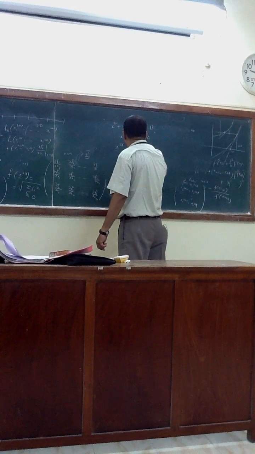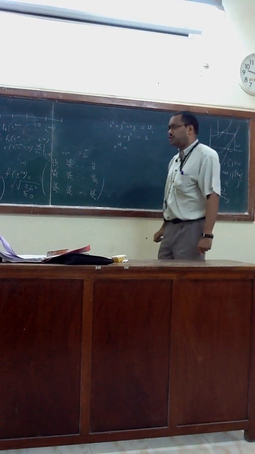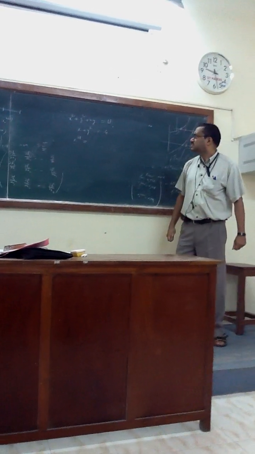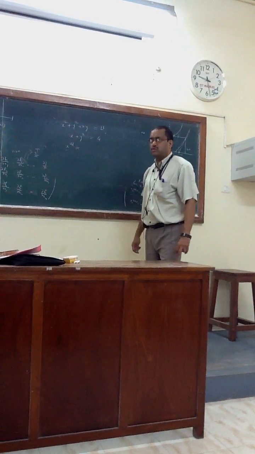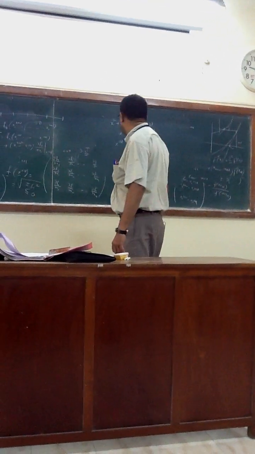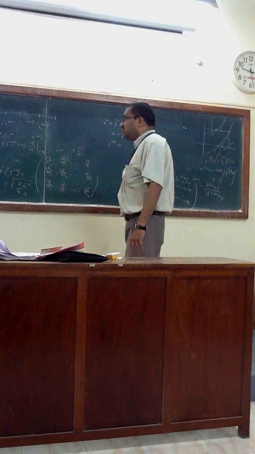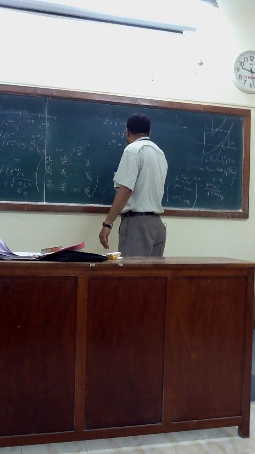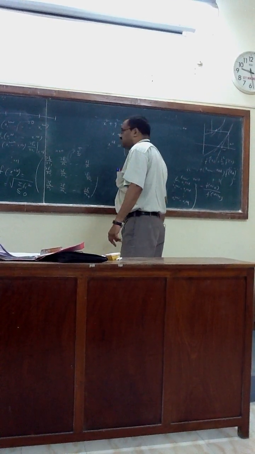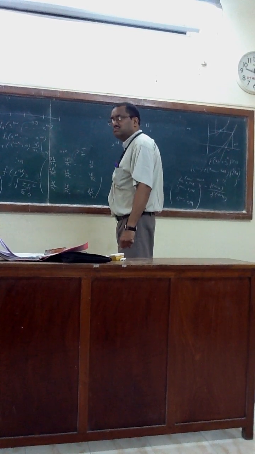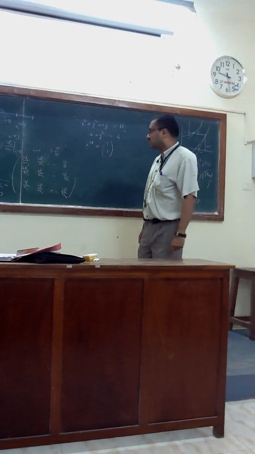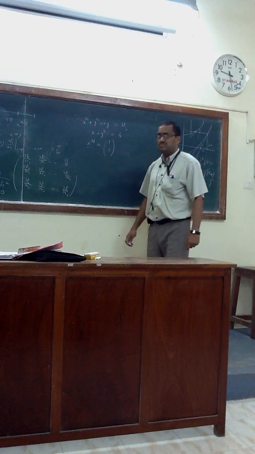You can actually put it like this, no problem. x plus y, I am making the system complicated: x plus y equals 4. So you can give initial guess 1, 1. That's a good guess.